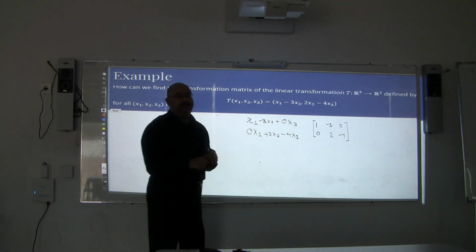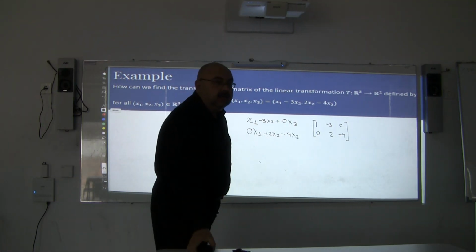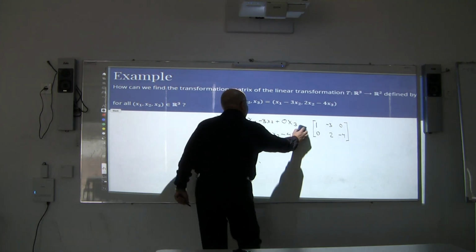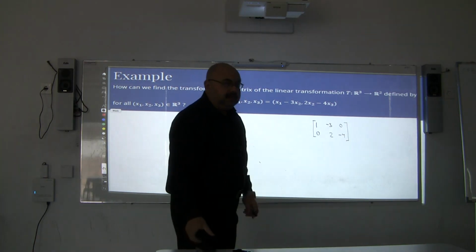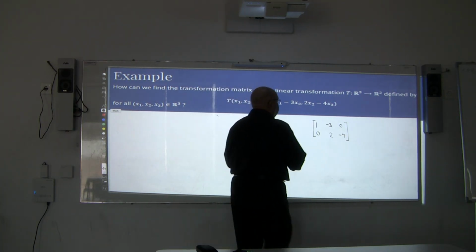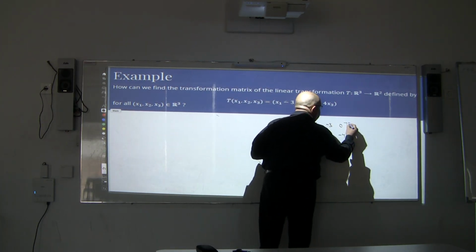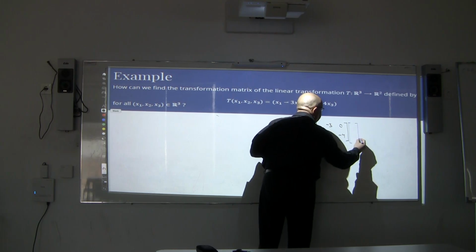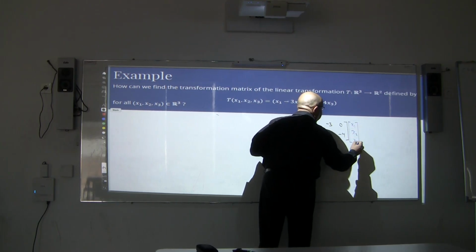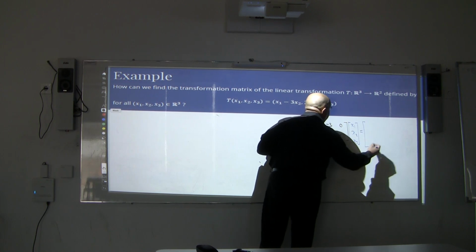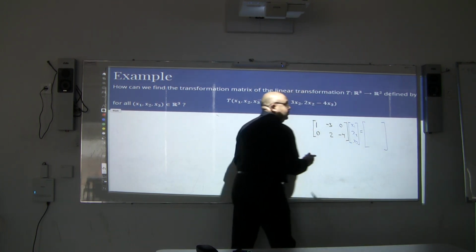That's the transformation matrix. Let's see. What do you know about the linear transformation? If I multiply the transformation matrix by the n matrix, what's the n matrix? X1, X2, X3. The result will be the general expression.